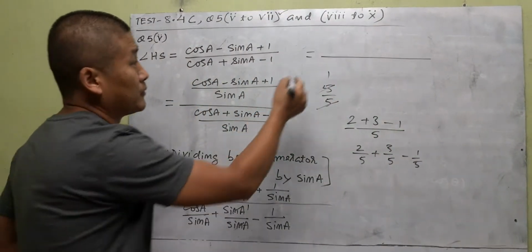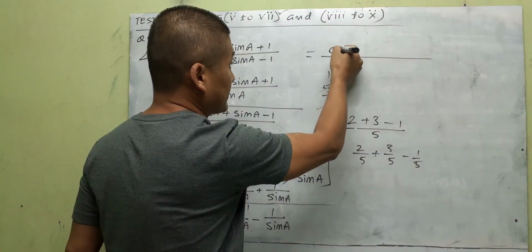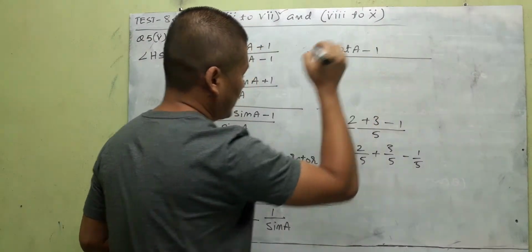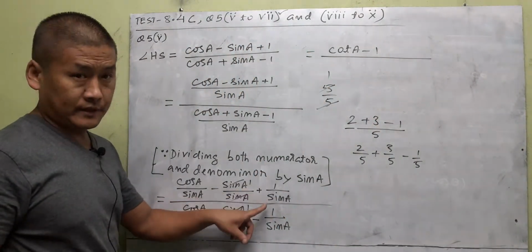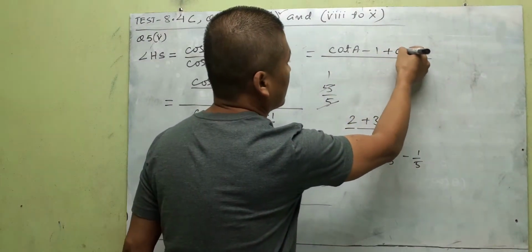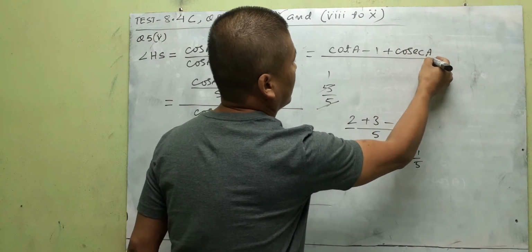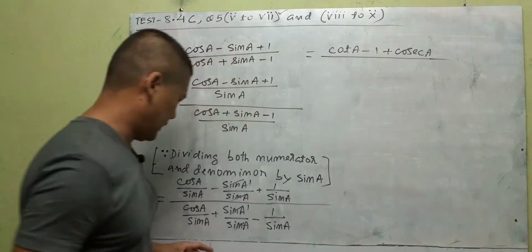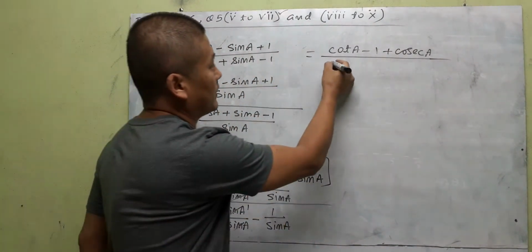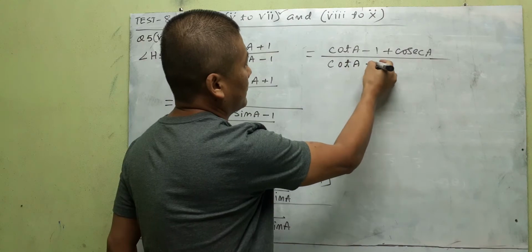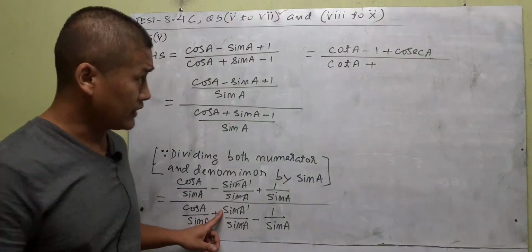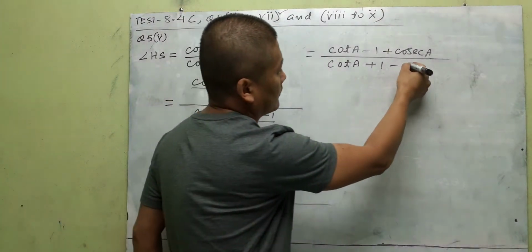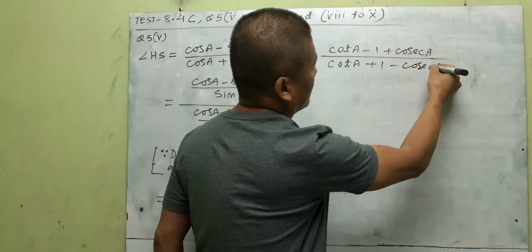Cos A by sin A is an identity we know, it is cot A, minus 1, and here plus 1 by sin A, we can apply the formula cosec A. Similarly in the denominator, cos A by sin A we can apply the same formula, cot A, plus 1 is left, minus 1 by sin A is cosec A.